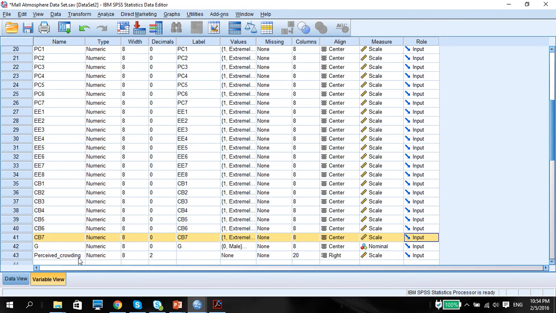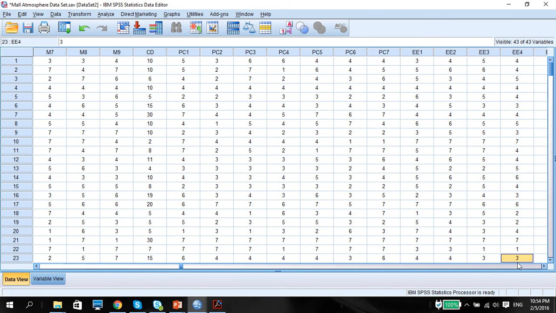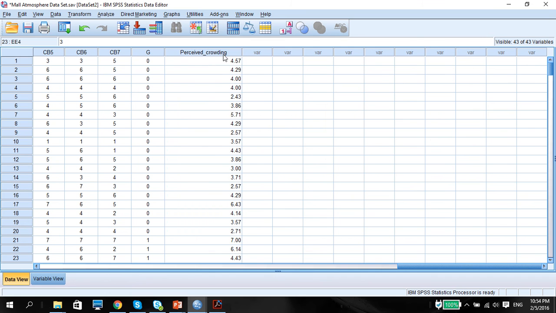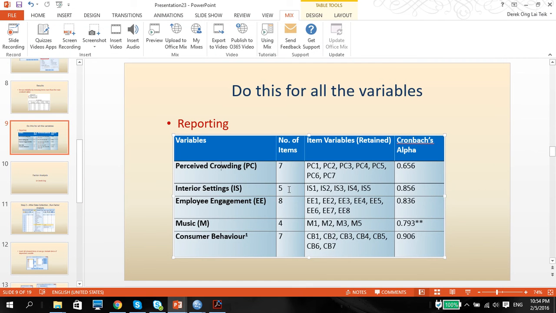Right, so we have perceived crowding, and if you look at the data, it is on a continuous scale, right? So all you need to do now is to follow the same steps using transform and analyze to find all these variables.